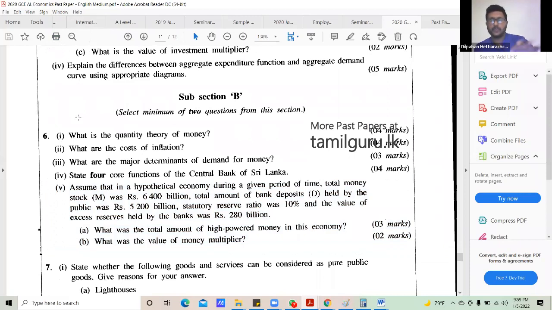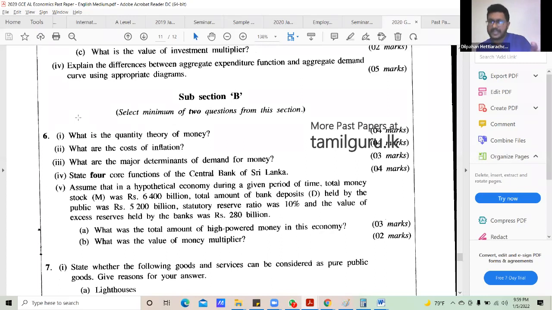When you do your past papers, you might realize sometimes a question asked in 2017 is the same type of question asked in 2018. Sometimes they ask a question in 2013, and after doing a little change, they ask it once again in 2014. I can give you several examples.